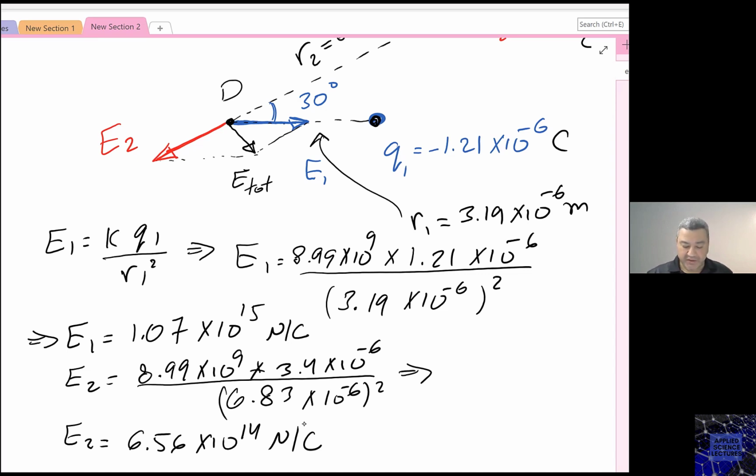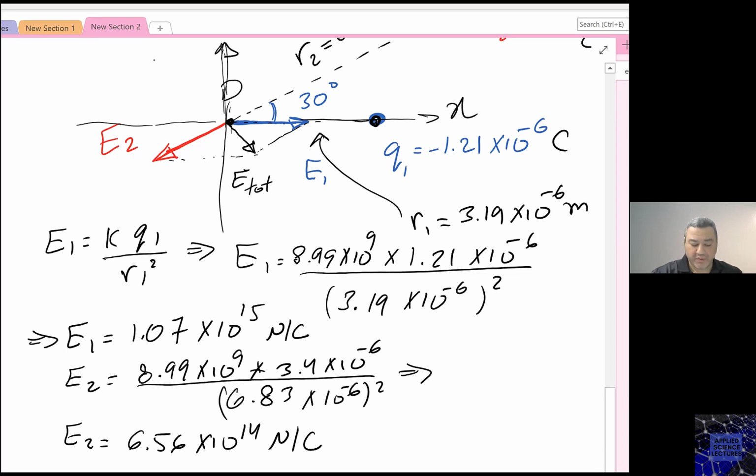And in this case, I need now to calculate the total electric field. I will calculate the components of this total electric field. I'll extend this. So I have this as 30, and this is the x and this is my y.